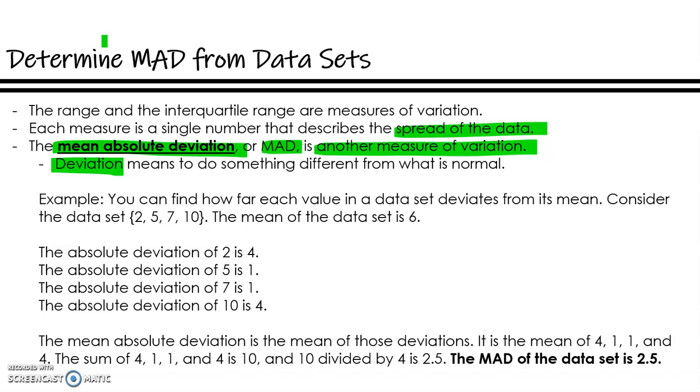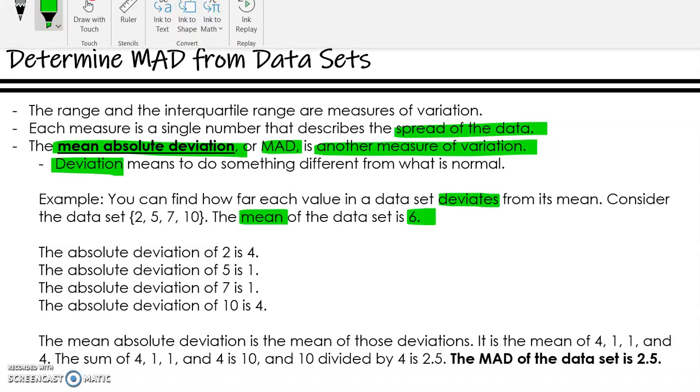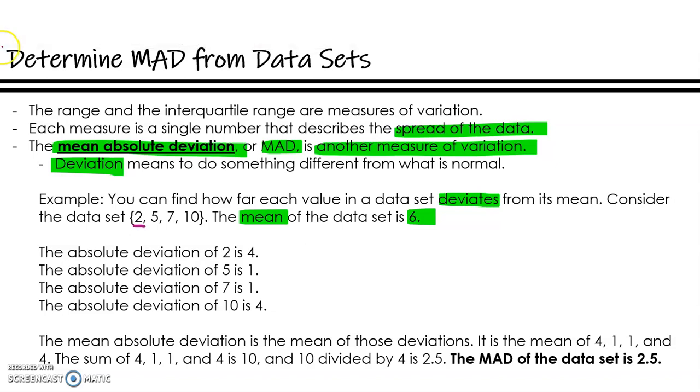So let's look at what deviation would mean here. You can find how far each value in a data set deviates, or changes, from its mean. Consider the data set 2, 5, 7, 10. The mean of this data is 6. So what they're doing is telling you how far each data point is from the mean.